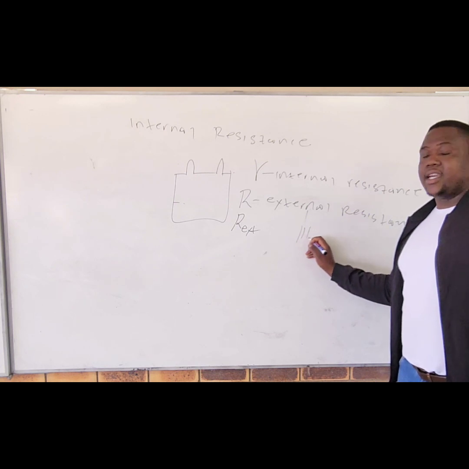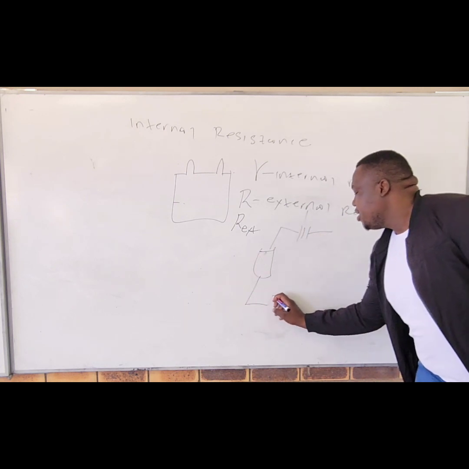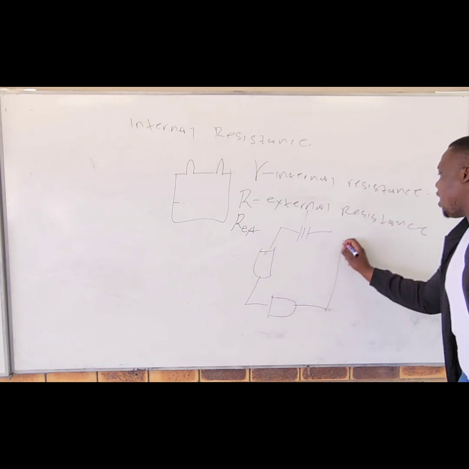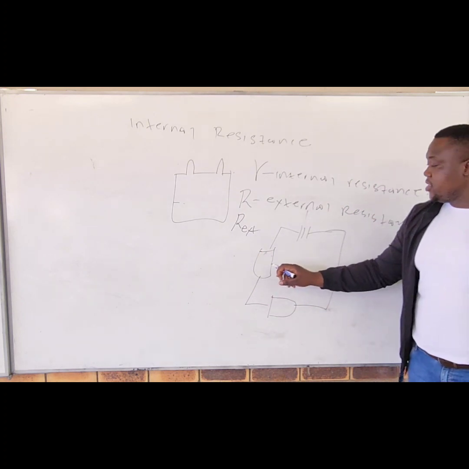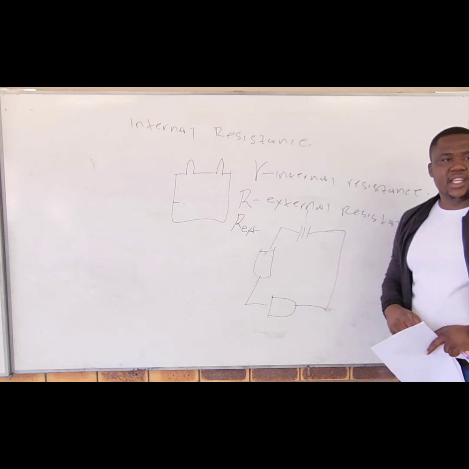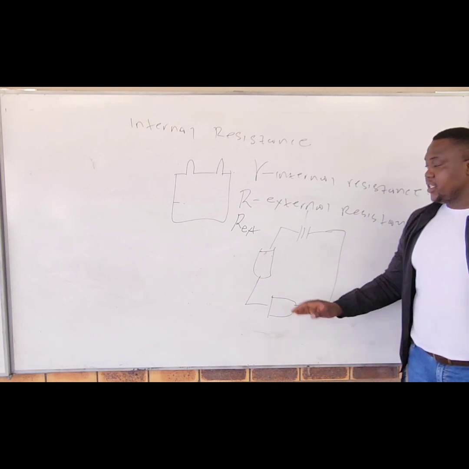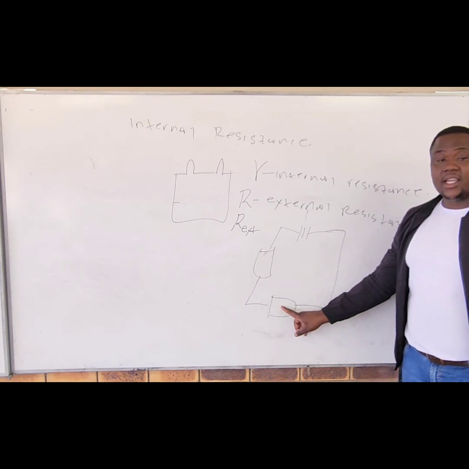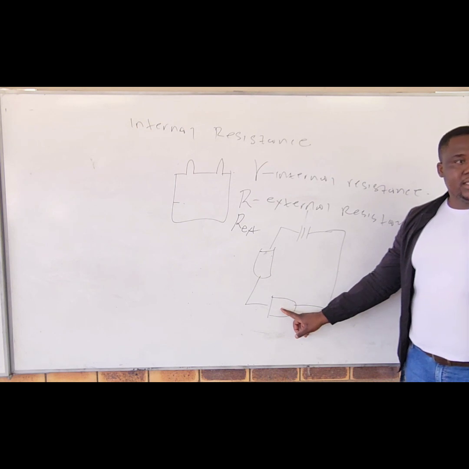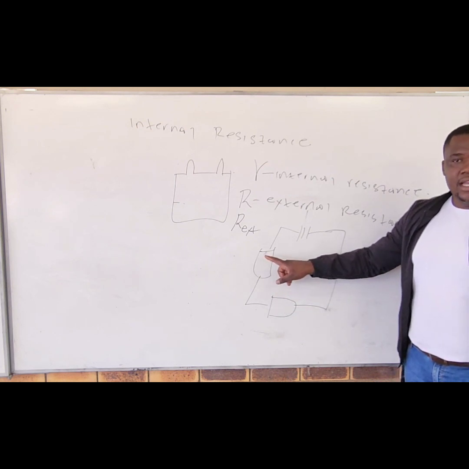In an electric circuit, we represent external resistance like this. We've been saying this is resistance, so do not be shocked that they've now introduced external resistance. The resistance we've been dealing with is external resistance. This is a resistor, and there is external resistance.